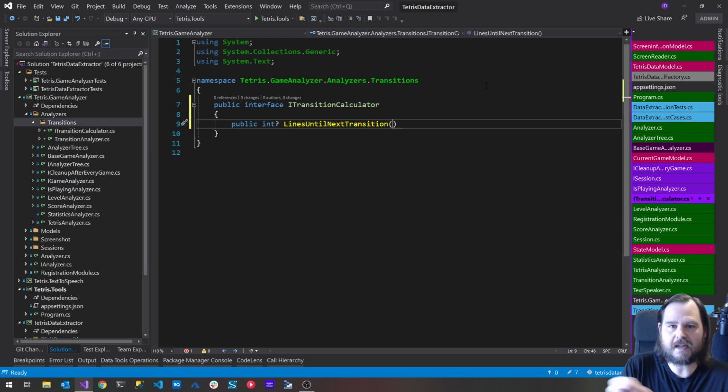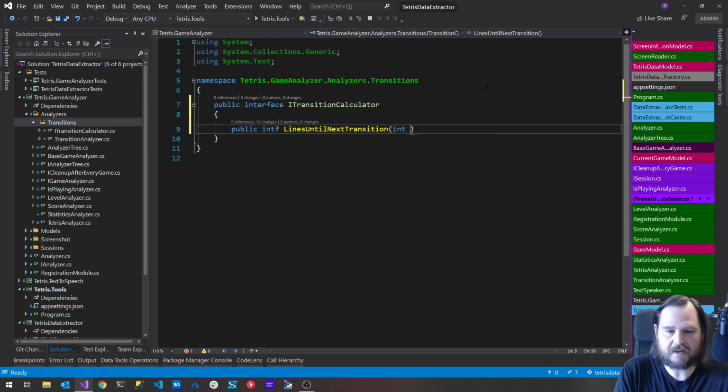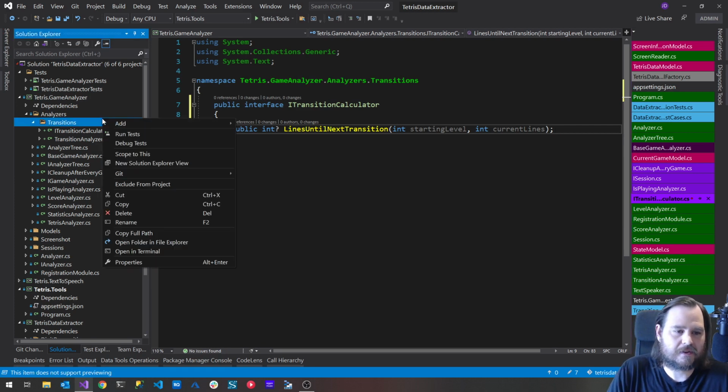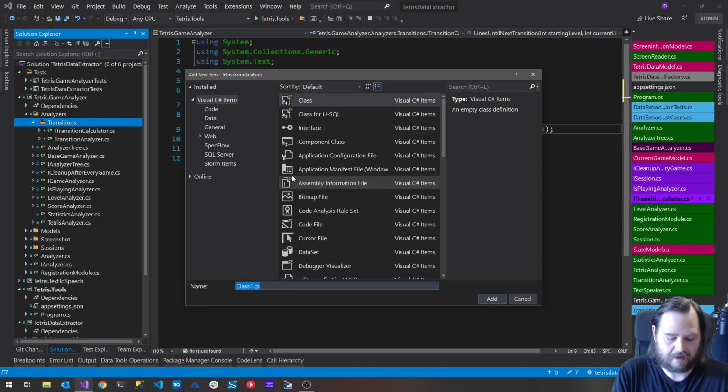And the key pieces of information is we need the starting level and your current number of lines. And that's it. That's all we should have to worry about. So let's go ahead and create this class.